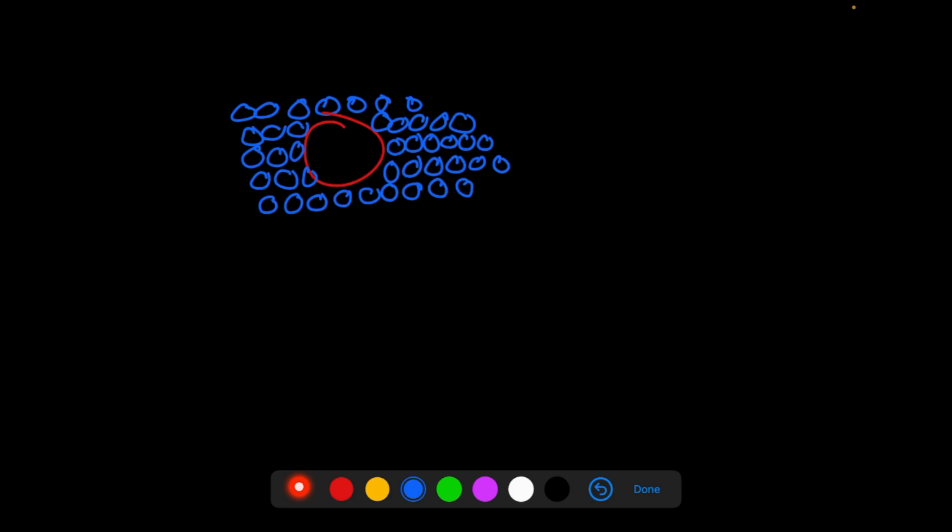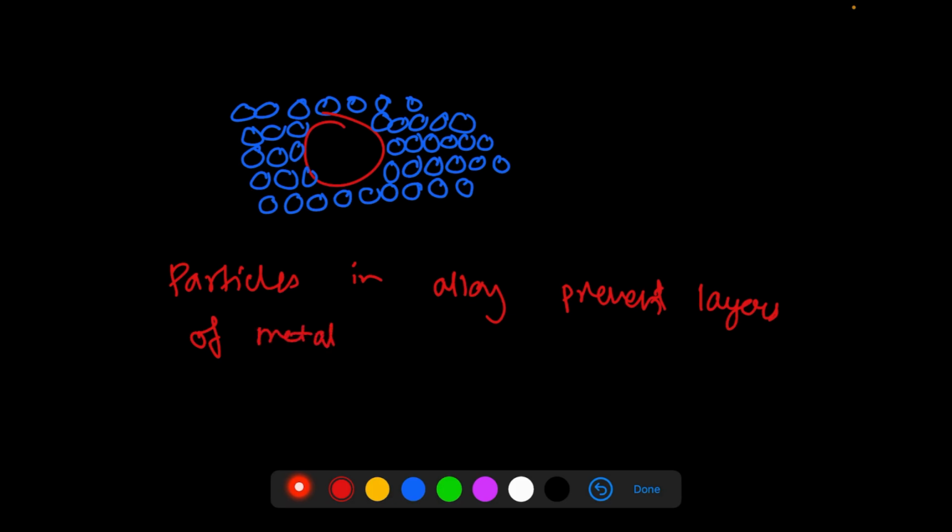The main metal is melted and the right amount of new element is dissolved. Solution is cooled and hardened. New atoms may be larger or smaller than main metal atoms, and there is a change in strength and more corrosion resistance. There is also a change in conductivity and appearance. You can add more than one element. So basically, particles in alloy prevent layers of metal ions from sliding over each other.